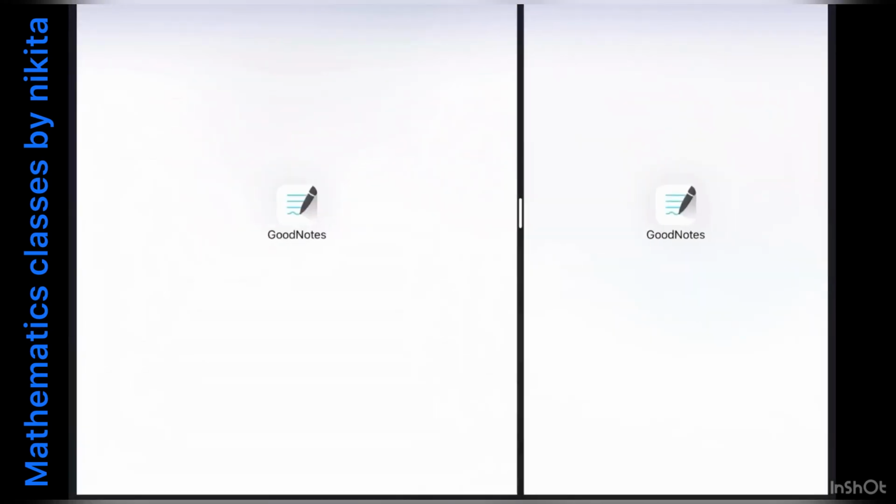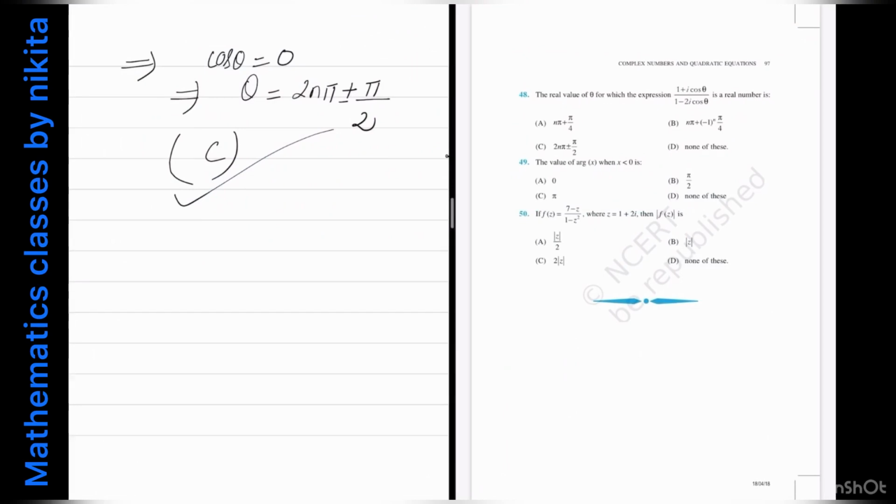Now let's see the next question. Question number 49 is the value of argument of x when x is less than 0 is. So given is x less than 0. So basically this is any real number which is less than 0. You have to find its argument.